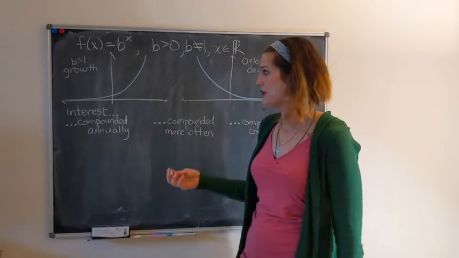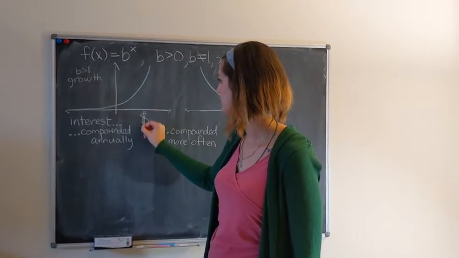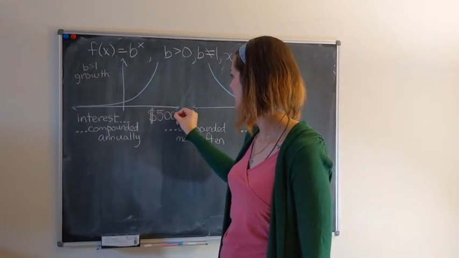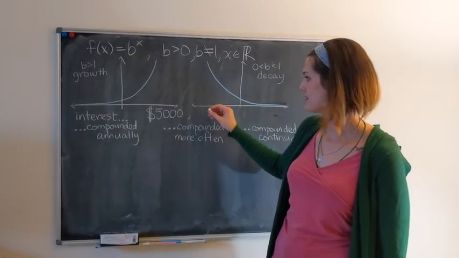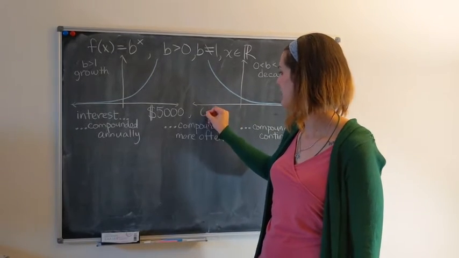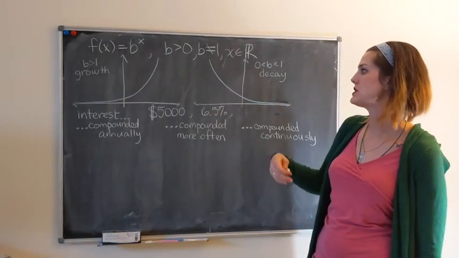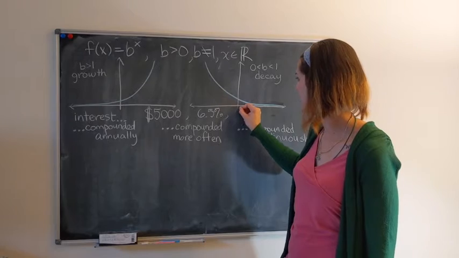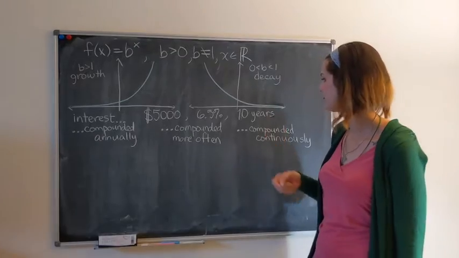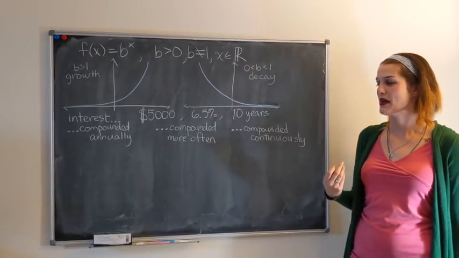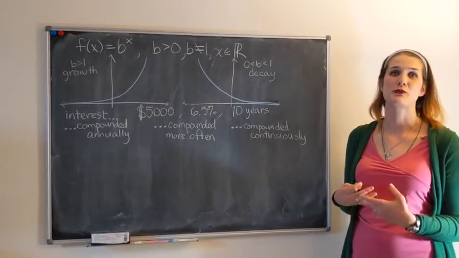So, I want to consider a loan that starts with a principal amount of $5,000, collects interest at a rate of 6.5%, and is left alone to gather interest for 10 years. And there are different ways to compound interest. Sometimes it's compounded annually. It can also be compounded more often. It can also be compounded continuously.